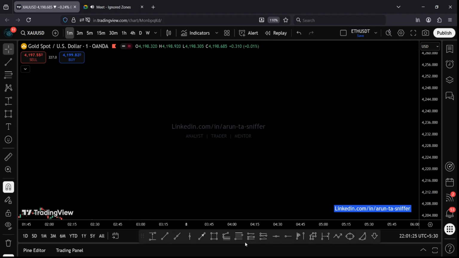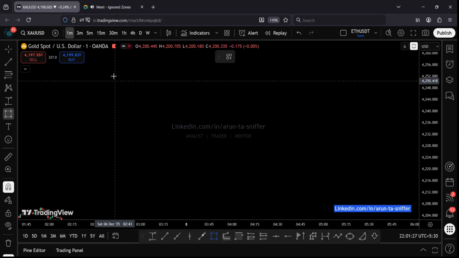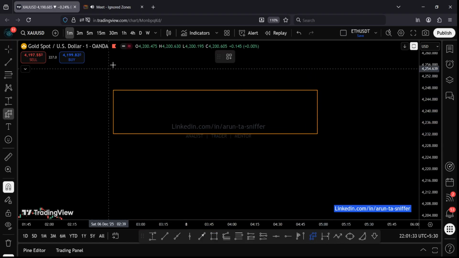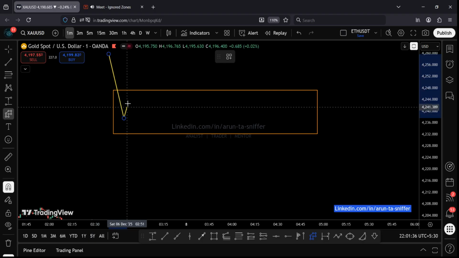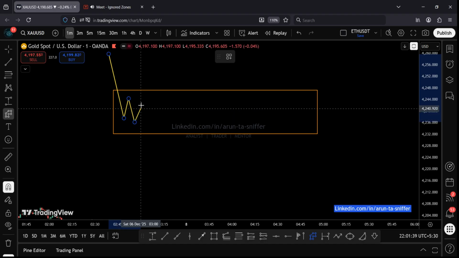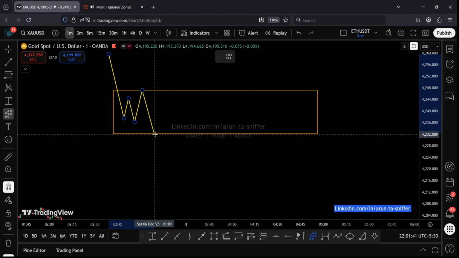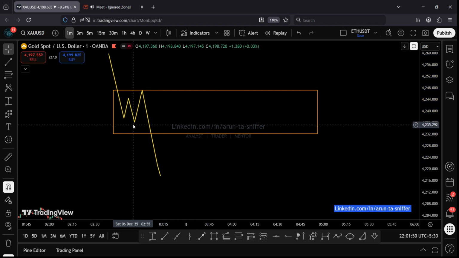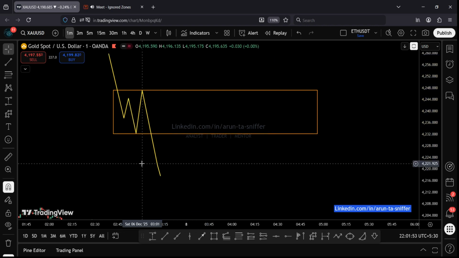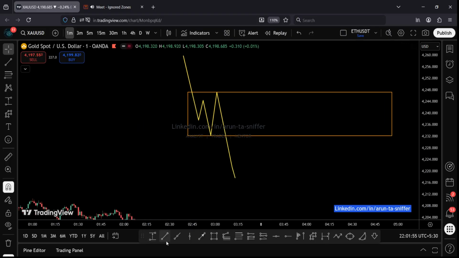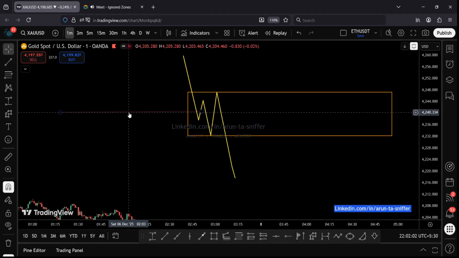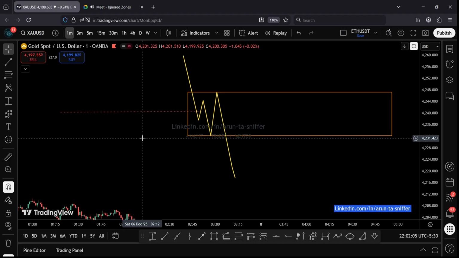If this one is our zone and price movement happened like this, and think like we had a level here. This could be an RS level, this could be a QML level as well, right?